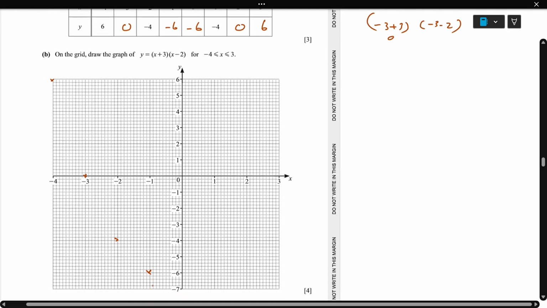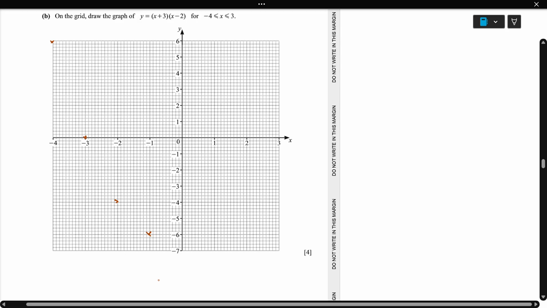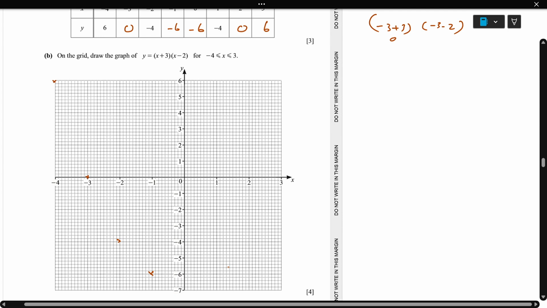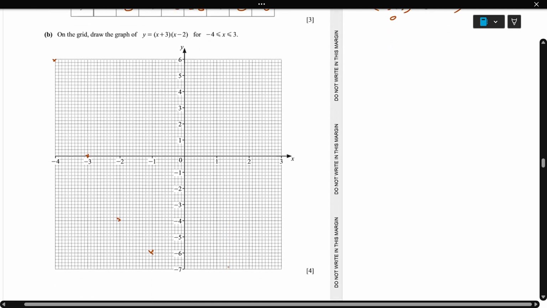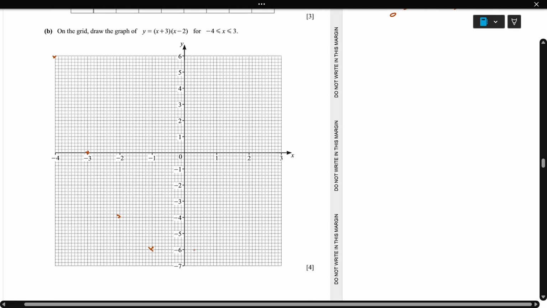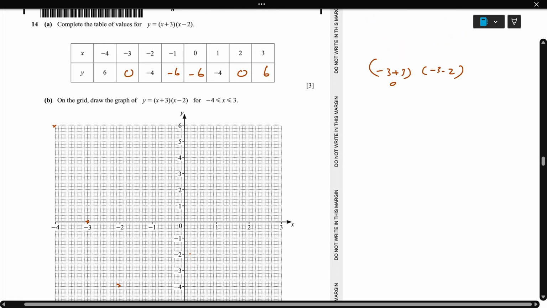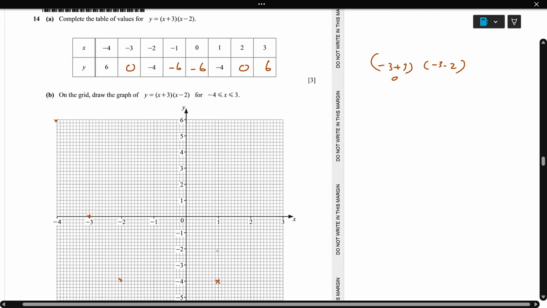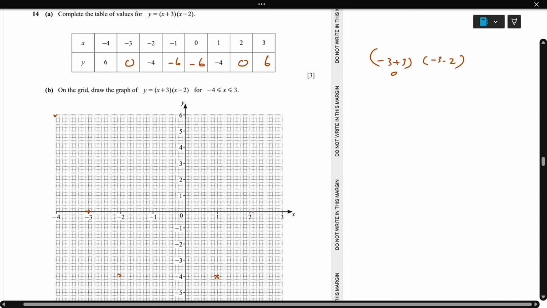Next, 0 comma -6 is here. Then 1 comma -4 is going to be here. Next, 2 comma 0. Next, 3 comma 6.